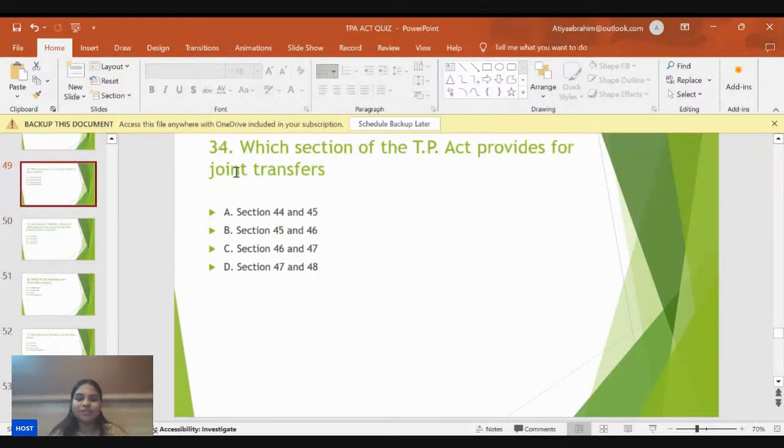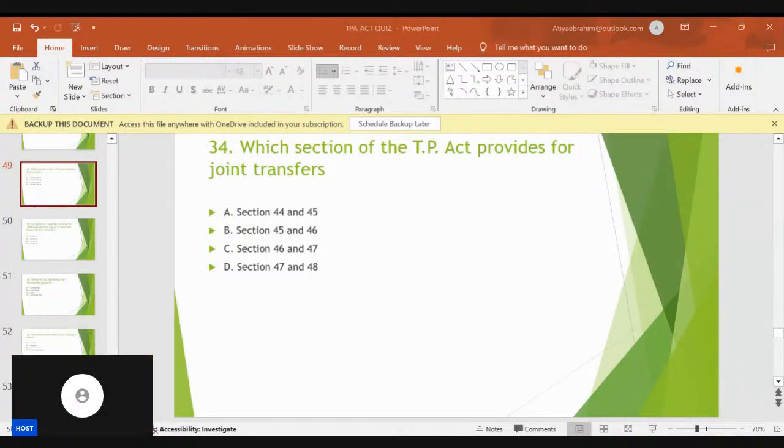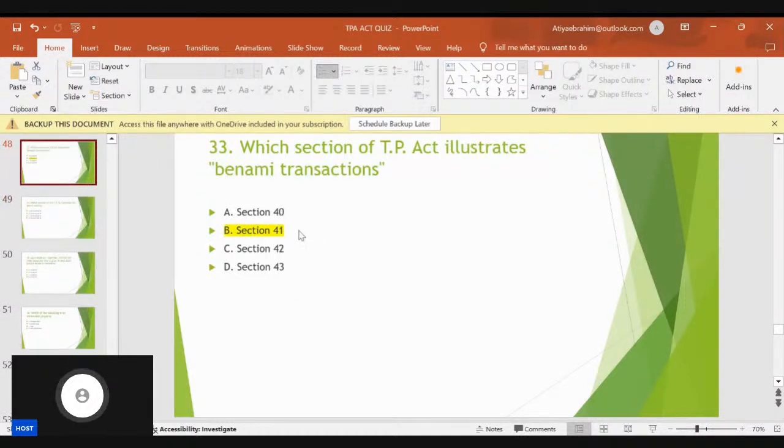Okay. Which section of TP Act provides for joint transfer? In which section are joint transfers? The answer to 33, as I told, it's B, right? The answer to 33 is B. Option B, section 41, right? Tell me the answer to question 34 now.